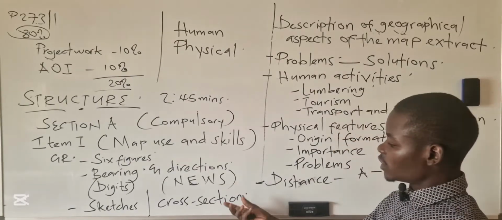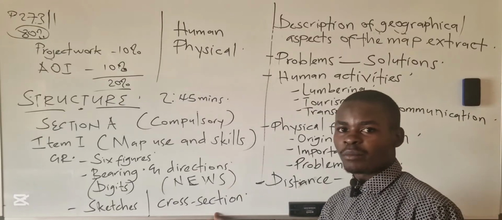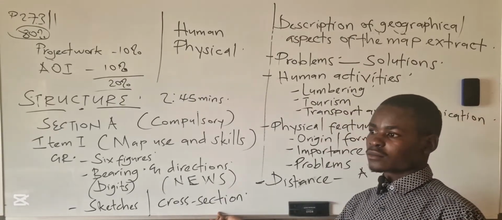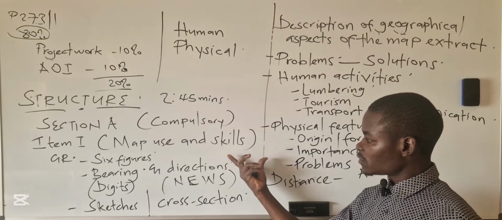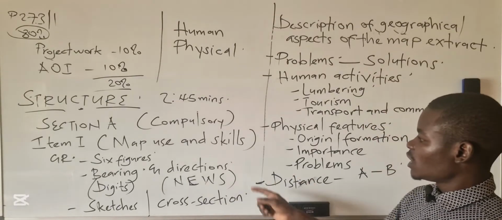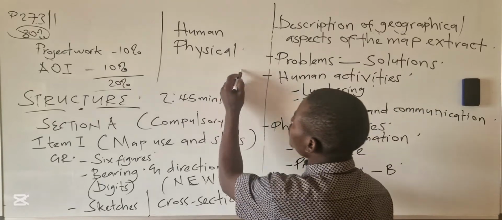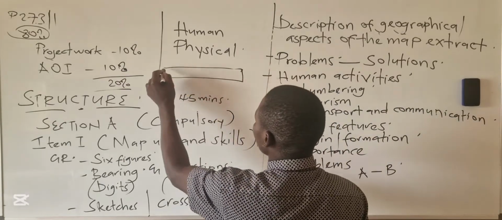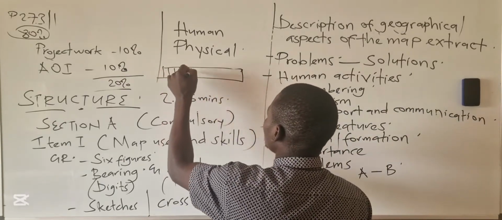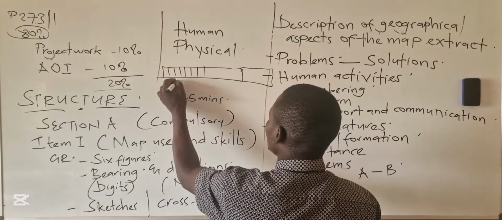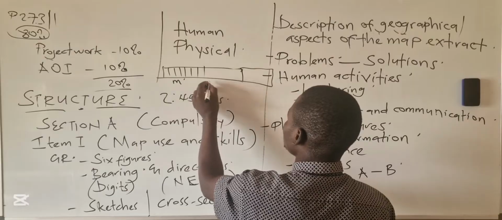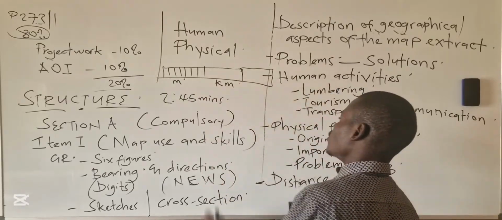That scale is always given just below the map extract. It has certain divisions. The bigger divisions represent kilometers, and you may also find a smaller one that is subdivided into small portions. This one is for meters, and the bigger ones represent kilometers.